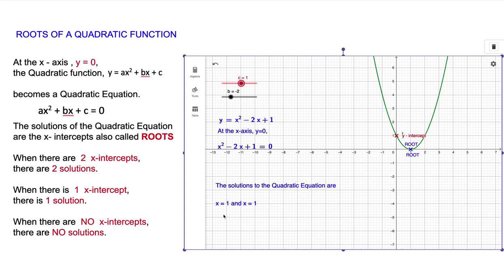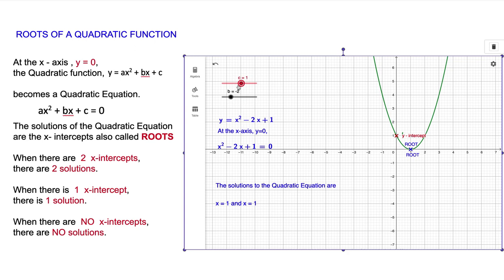So we actually have a repeated solution. Therefore, there is only one solution. If you look carefully, this is a perfect square. When we have a perfect square, in our previous lesson, we learned that there are repeated solutions. So there is only one solution.